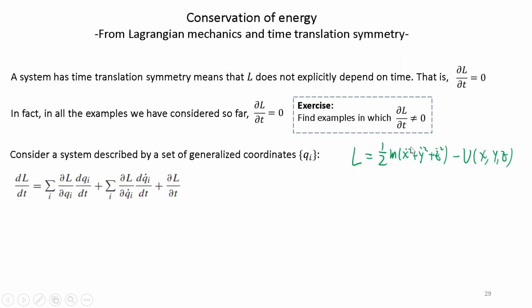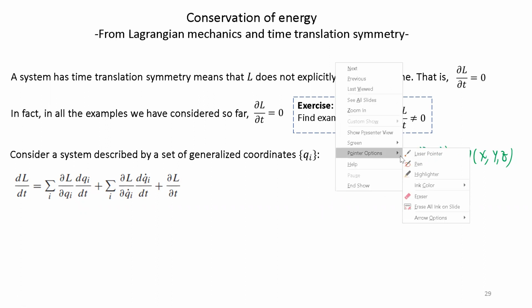When I say that the Lagrangian depends on time explicitly, it really means that you cannot express the Lagrangian just in terms of your generalized coordinates, and you must add a time dependent term. Let me give you an example.